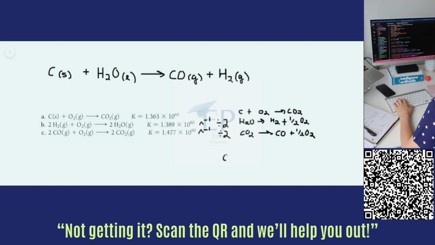Carbon is there in the reactants. Oxygen is in the reactants here, but it's also in the products here. So half and a half makes 1 oxygen in the products, 1 oxygen in the reactants. So oxygen is not in the final reaction equation. We have H2O in the reactants. It's not canceled out in the products.